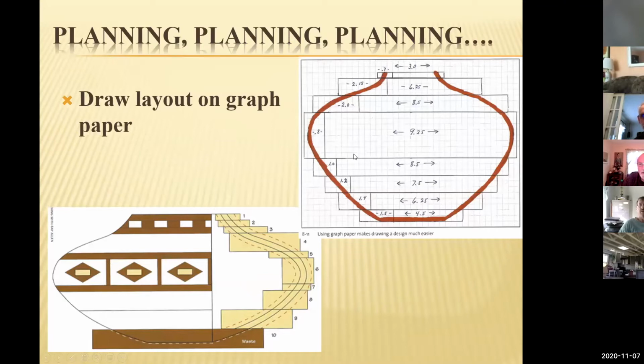You can draw your layout on graph paper, which is what I typically do. You just need to lay out a profile cross-section of your piece of work that you're going to assemble, and then figure with the wood that you have available what thickness and width and length and so on you need for assembling the various rings.